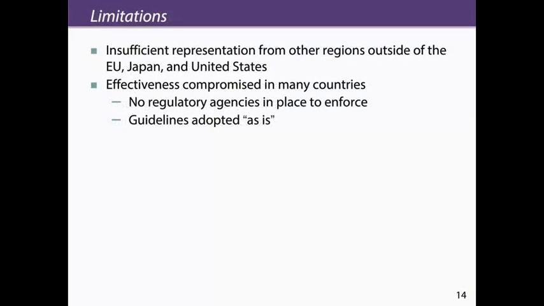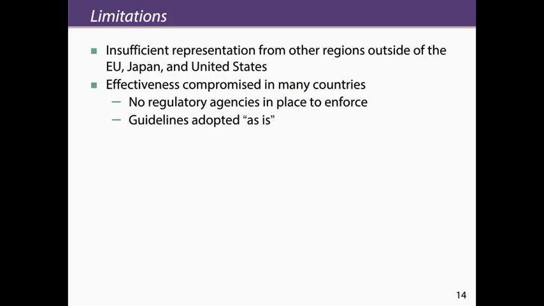However, ICH-GCP does have some limitations. Currently, ICH membership does not include countries outside of the EU, Japan, and the United States, and so issues from outside countries may not be fully addressed by the conference. Another limitation of ICH-GCP is that the effectiveness can be compromised in any countries where there aren't regulatory agencies in place to enforce the guidelines.